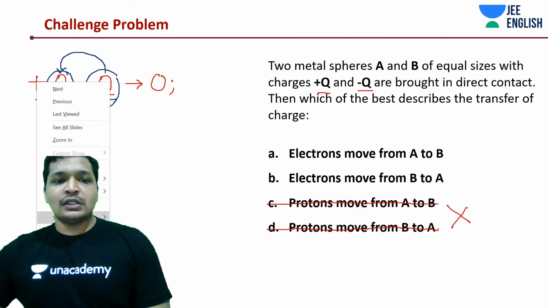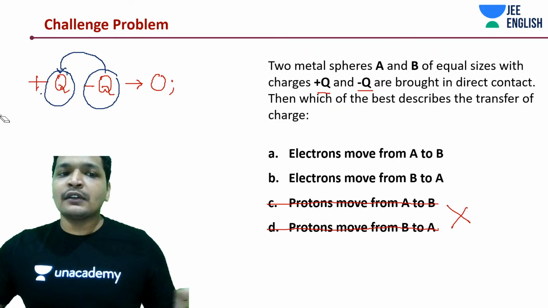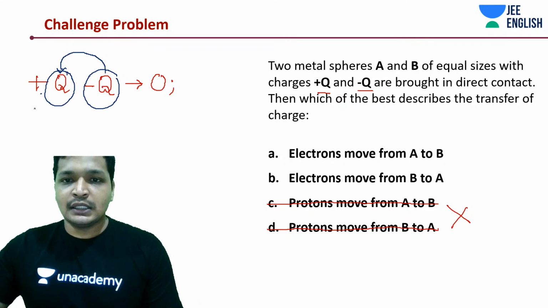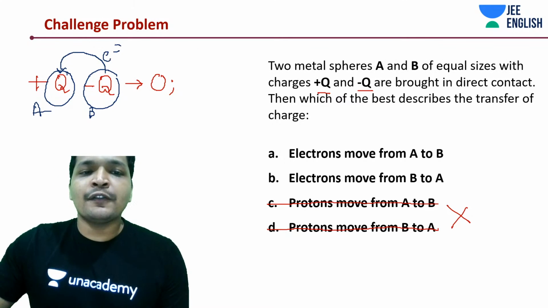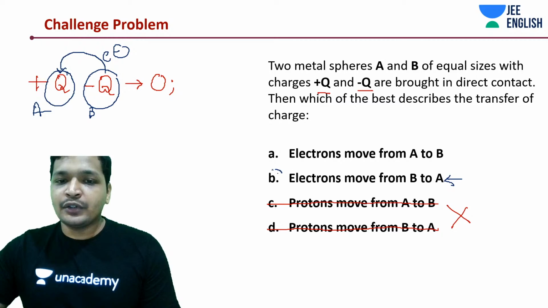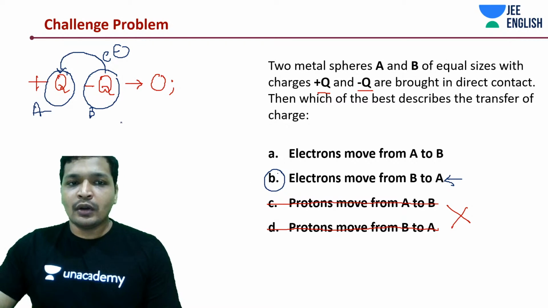Now what happened was, really the protons didn't flow from this sphere to this sphere. Let's say this is A and this is B, but rather electrons did flow from B to A. So you understood protons don't flow, they have become 0. Try to understand this.